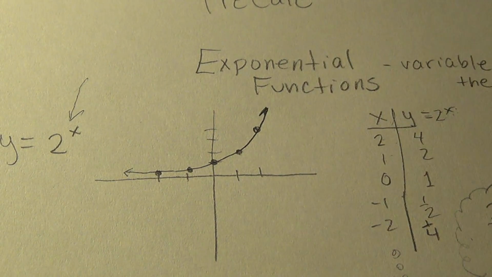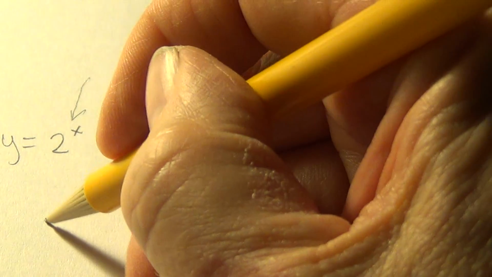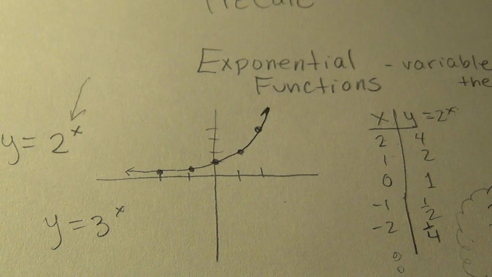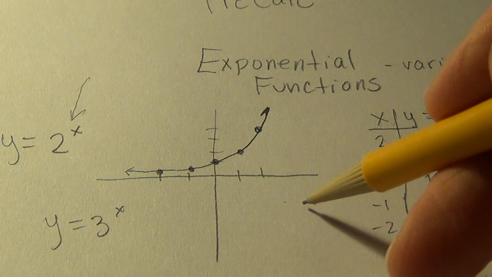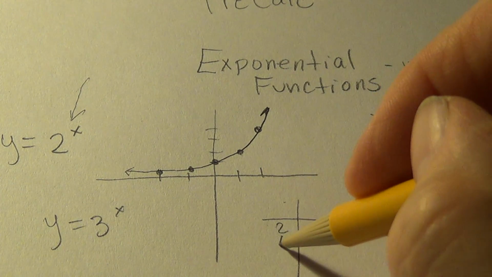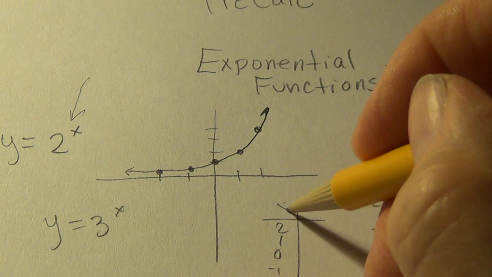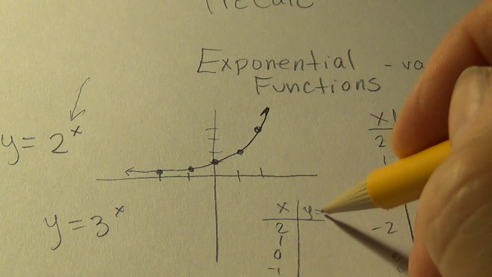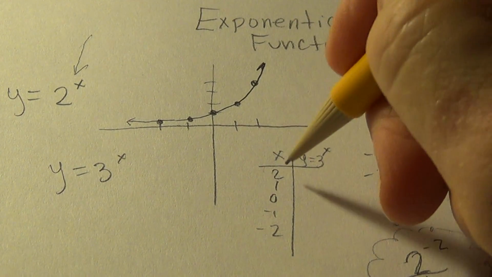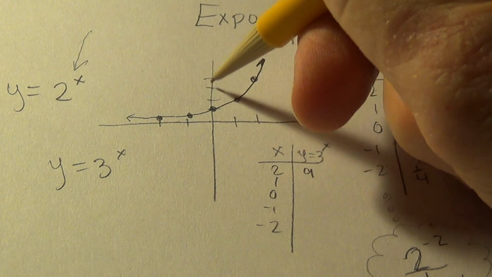All right, so wonder what it would look like if it was y equals 3 to the x. So I'm going to put that on the same graph. So I'm going to establish another old sissy chart with the same numbers: 2, 1, 0, -1, -2, and y equals 3 to the x this time. So when I put in a 2, I get 3 squared or 9. So I'll graph it 2, 9.